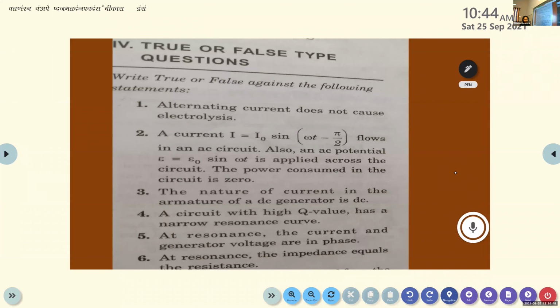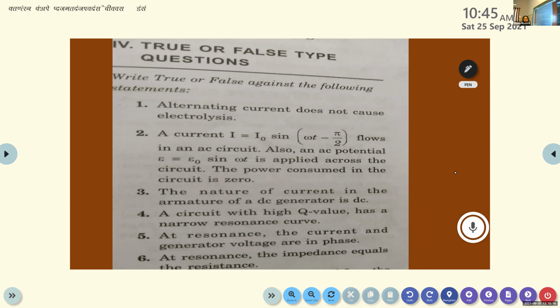In the case of electrolysis, the ions are deposited on the anode and cathode respectively. If alternating current is applied to this kind of anode or cathode, what happens? The deposition of the ions takes place in a back and forth manner. They oscillate between the anode and cathode.